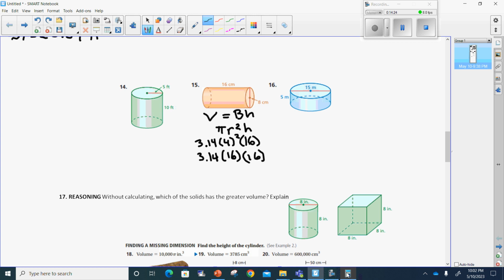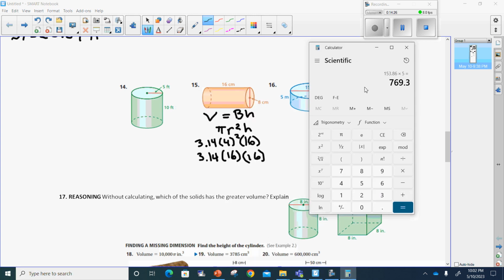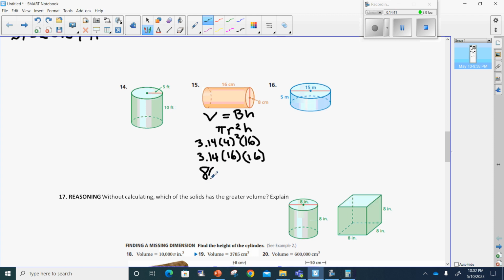All right, let's put these all together. We got 3.14 times 16 times 16. The answer is 803.84 centimeters cubed.